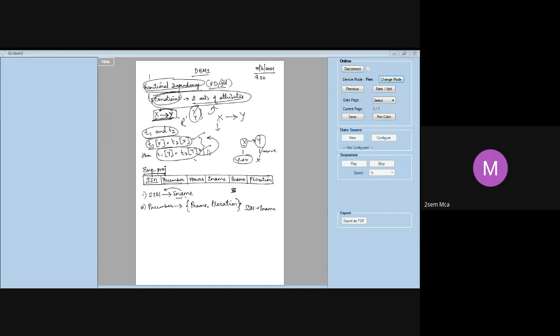Look here, we have more than one attribute on the Y side. This is my X, this is my Y. P number functionally determines P name and P location. That means, given the project number, I can immediately find out the name of the project and the location of that project.